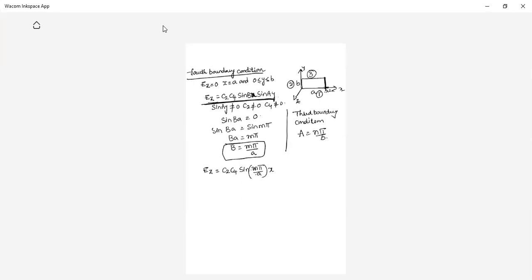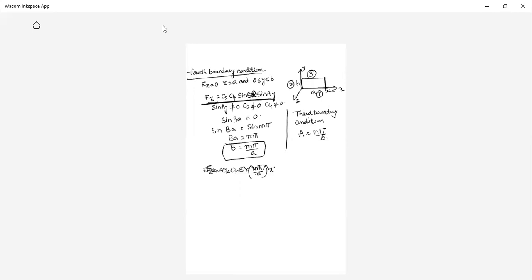Initially, it was X, no? Yes, ma'am, it was X. I am asking about the basic expression; we'll write the basic expression. Otherwise, we'll get confusion. What is the basic expression? Ez is equal to, what is the basic expression?